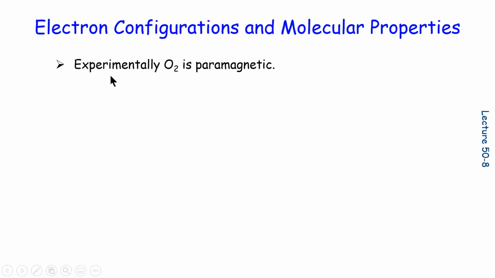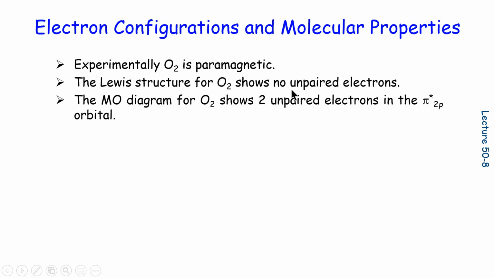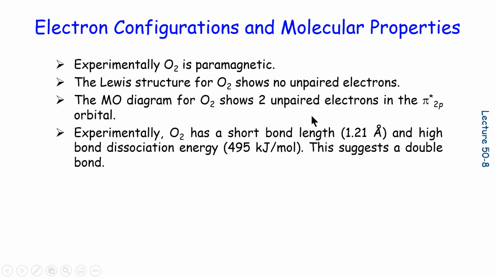I just commented in the previous slide that the molecular orbital theory is the only theory that can explain the oxygen molecule's magnetic property. So the Lewis structure for diatomic molecule oxygen, if you draw that now, you don't see any unpaired electrons. But the molecular orbital diagram I already showed you, there are.